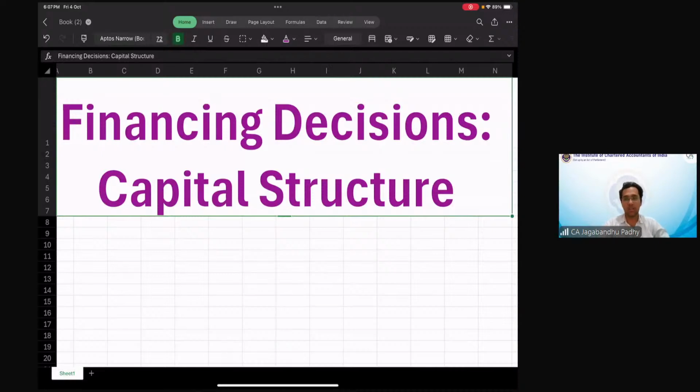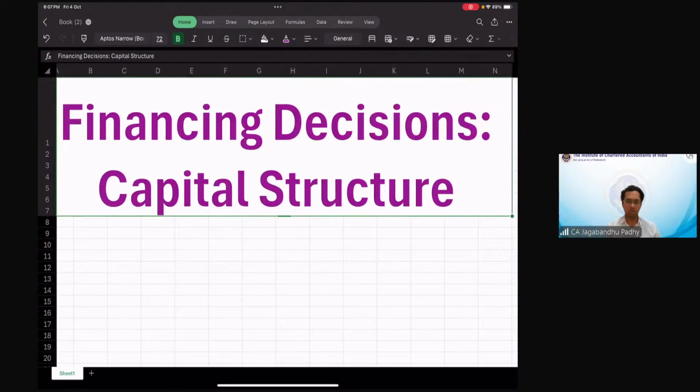So let's proceed now, guys. Let's get started with this interesting topic called capital structure. This topic is going to be really interesting to learn, and we'll try to visualize a lot of things in it. There are definitely certain formulae in this.